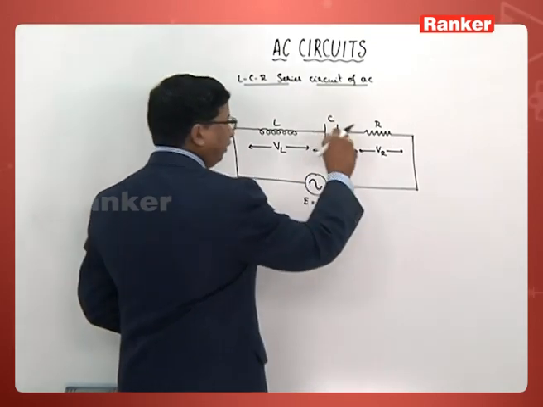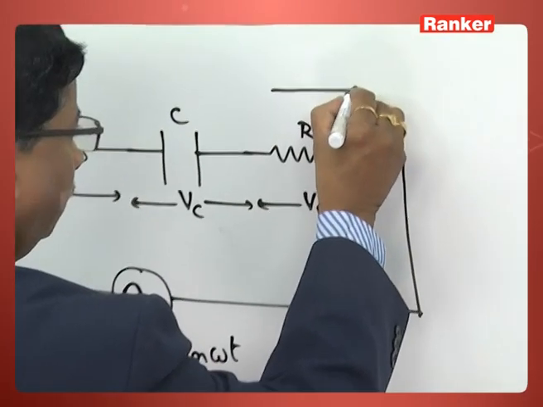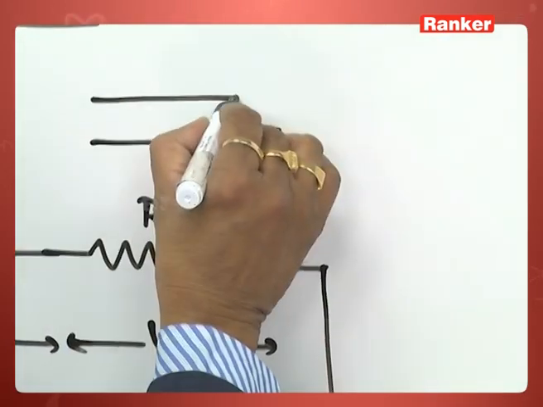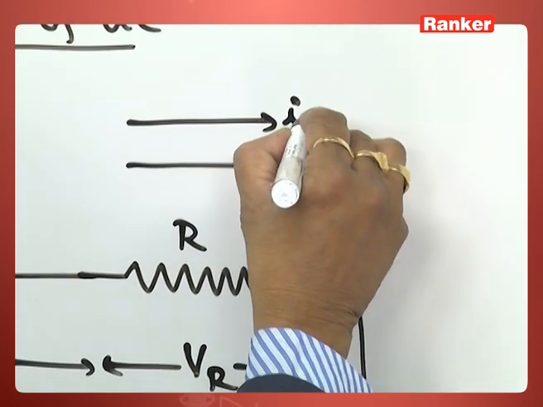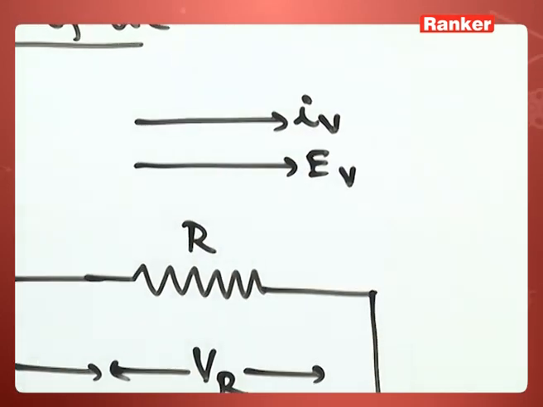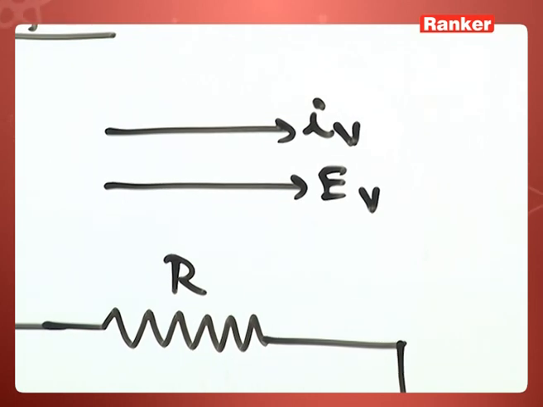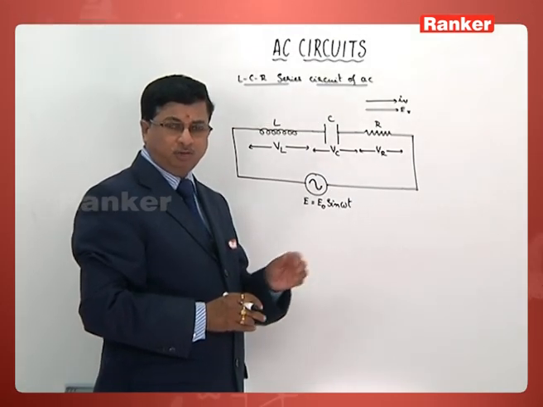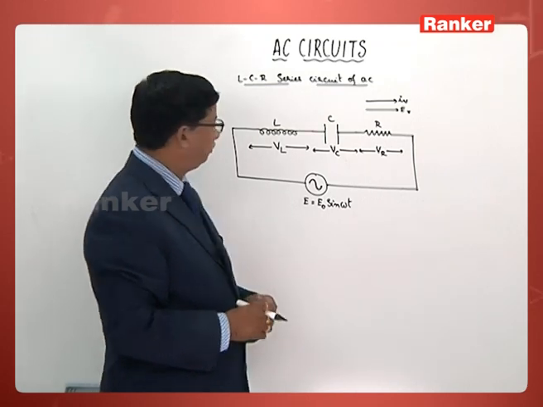Now in the case of resistance, virtual value of alternating EMF and virtual value of alternating current both are in the same phase. There is no phase difference, already we have learned that one earlier.